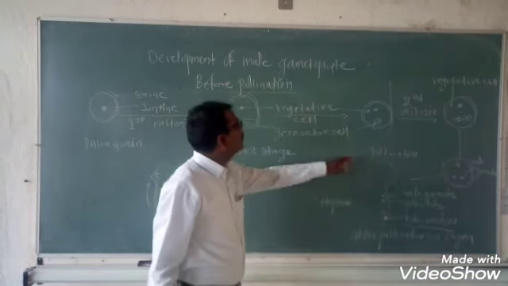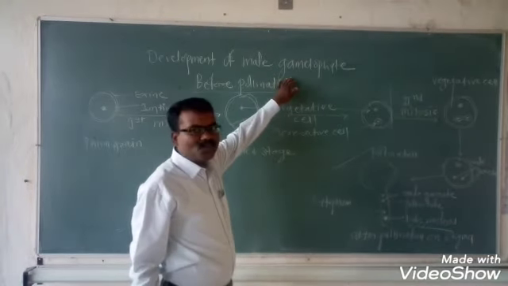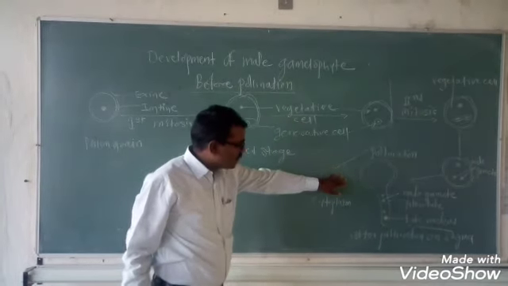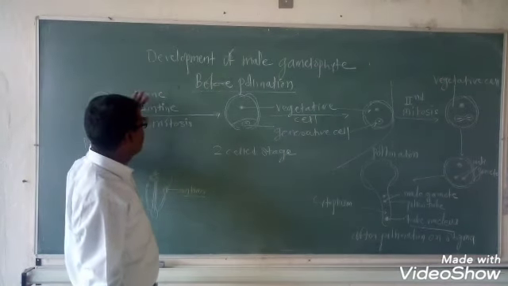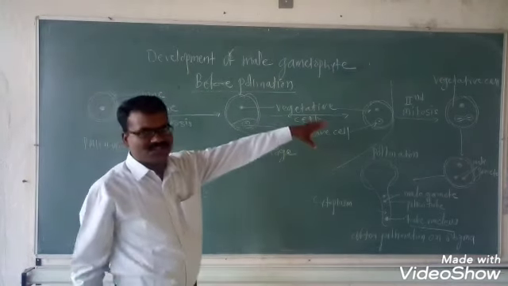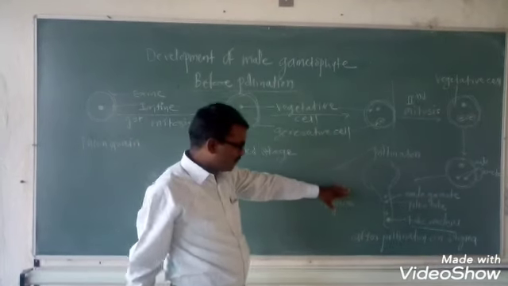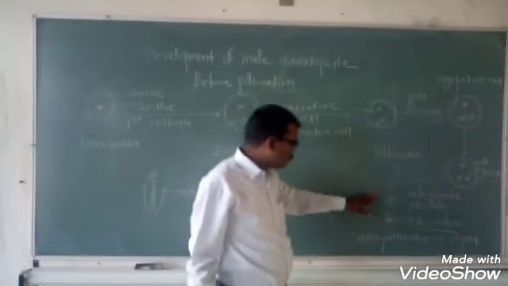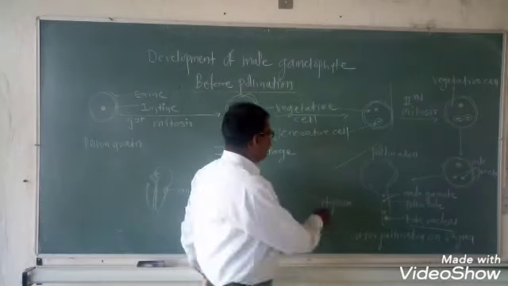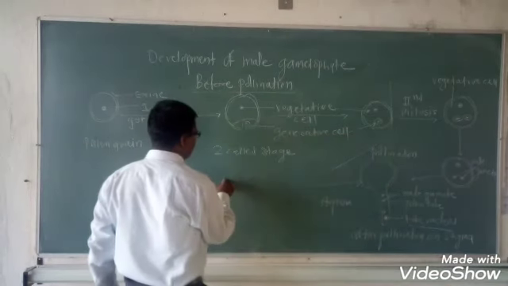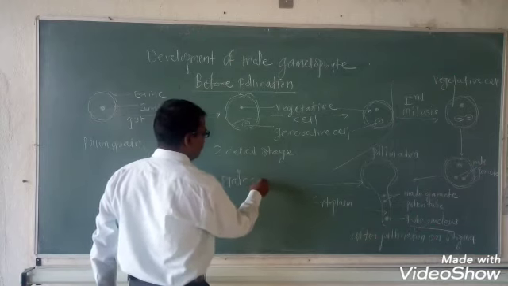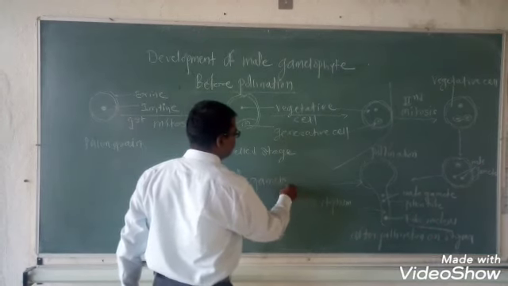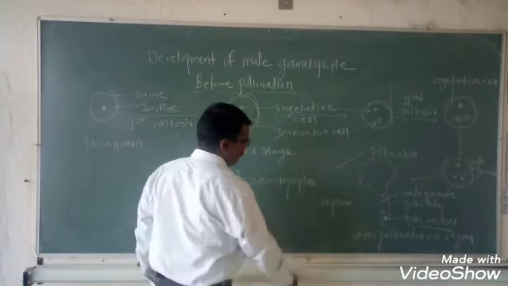This is the development of the male gametophyte. The male gametophyte develops from the pollen grain after 2 mitoses. This is the structure of the male gametophyte.